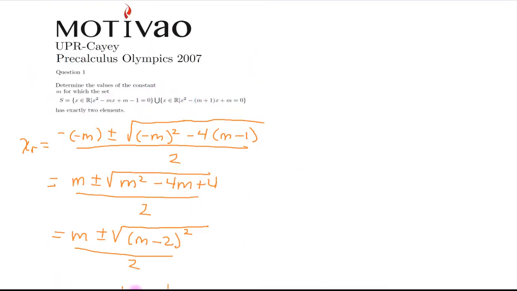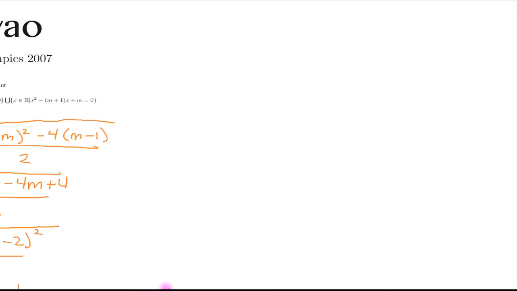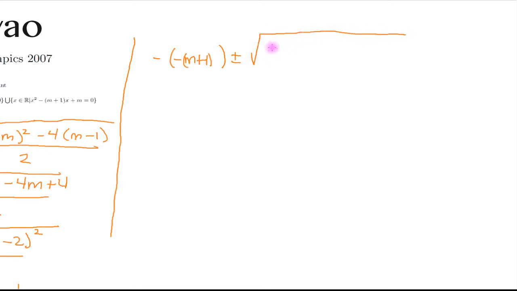So let's move a little to the right. We have negative b, which in this case is negative m plus 1, plus or minus b squared, which again is negative m plus 1, minus 4a, which is 1, and c, which is just m.